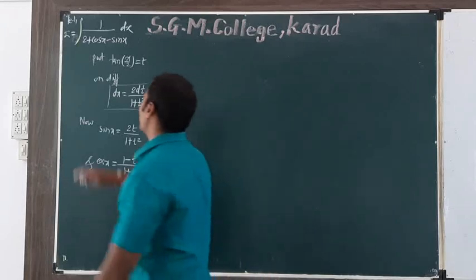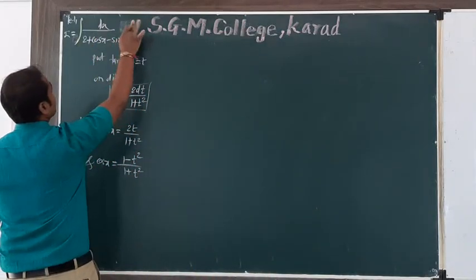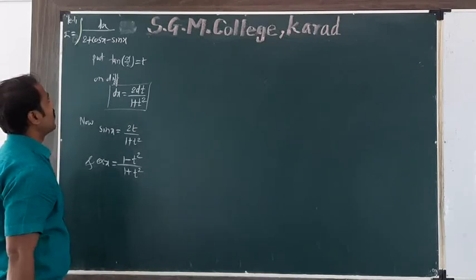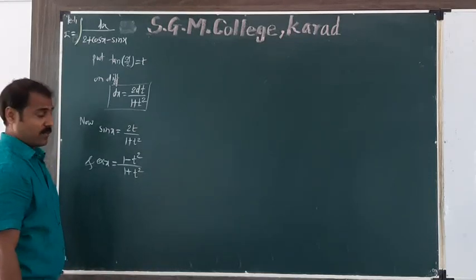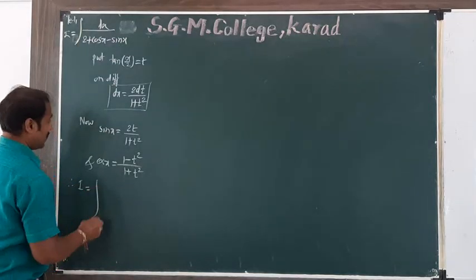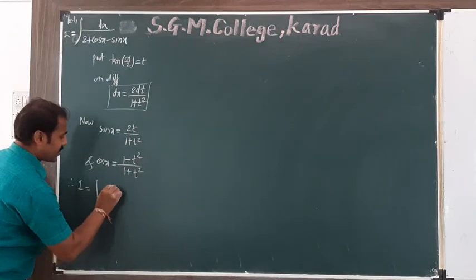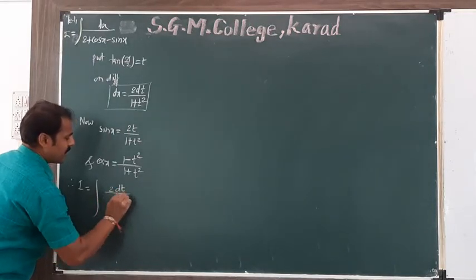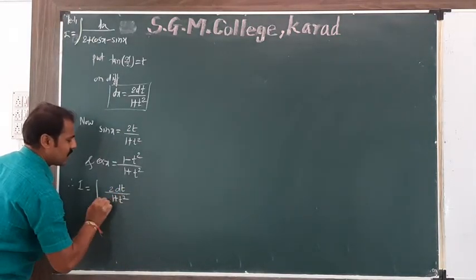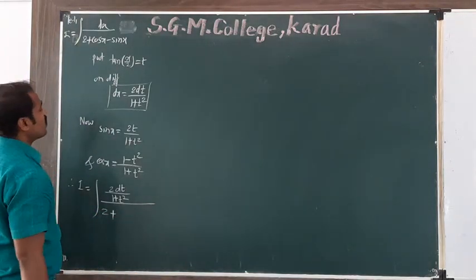We know that 1 into dx is dx. So I can write this as integration of dx divided by 2 plus cos x minus sin x. So the integration becomes I is equal to integration, instead of dx I can write 2 dt divided by 1 plus t square, divided by 2 as it is plus cos x.